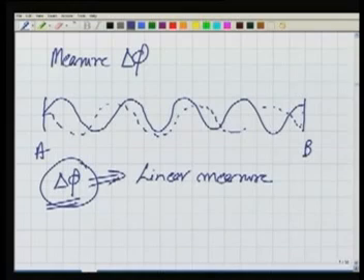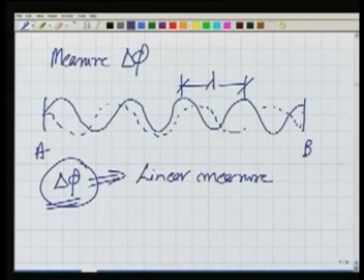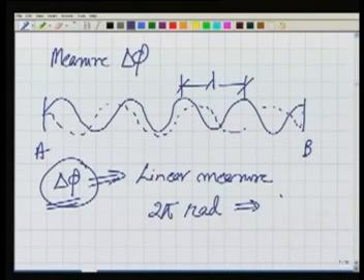We know in a wave, that's the wavelength lambda. This lambda corresponds to 2 pi radian. So, this corresponds to lambda.